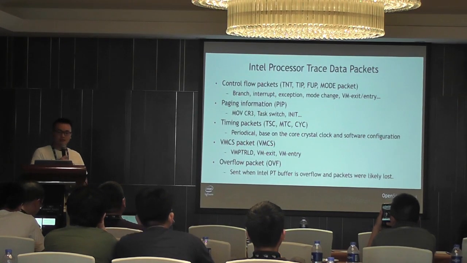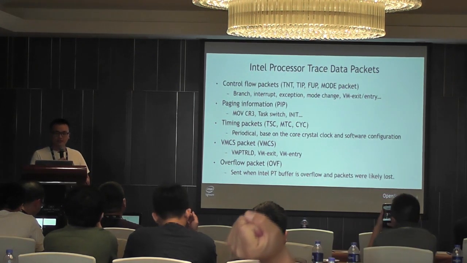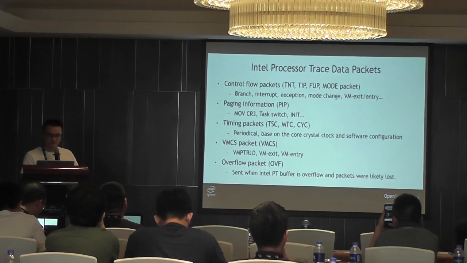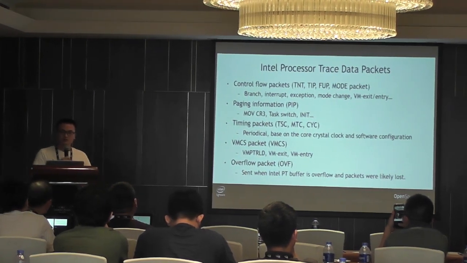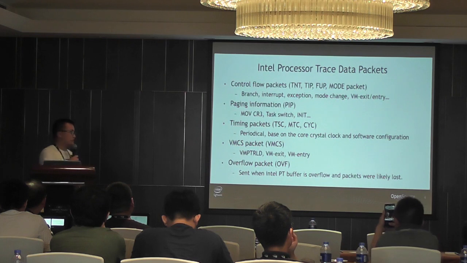On this page I list part of the Intel Processor Trace data packets, not all the packets, because there are so many packet types. First is the control flow packets: taken, not taken, target instruction pointer, mode, target, and so on.